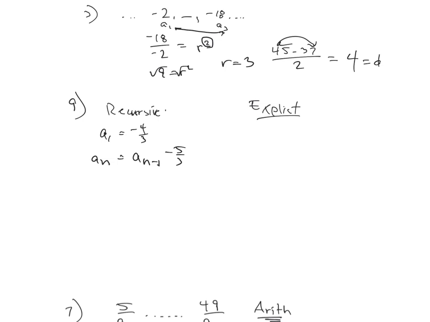So the formula is a sub n is equal to the difference times n minus 1 plus a sub 1. So let's figure this out. A sub n is equal to our difference, which is negative 5/3 times n minus 1 plus negative 4/3. Distribute, simplify, write your explicit formula, and of course that should be in fractions because there are only fractions in it. Hopefully that's enough to sort of fill in your gaps for you and get it started.